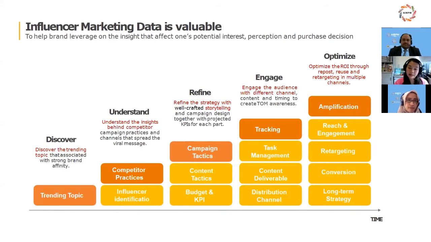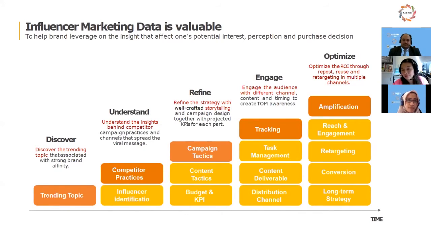And the other one is how to refine the strategy with storytelling. That means how to attract the customer to see your Facebook, to see your IG or YouTube, and then come to your physical shop to make the purchase. And how you can engage with the audience with different channels. And finally, how you can optimize the ROI. That means you get the celebrity as your influencer.